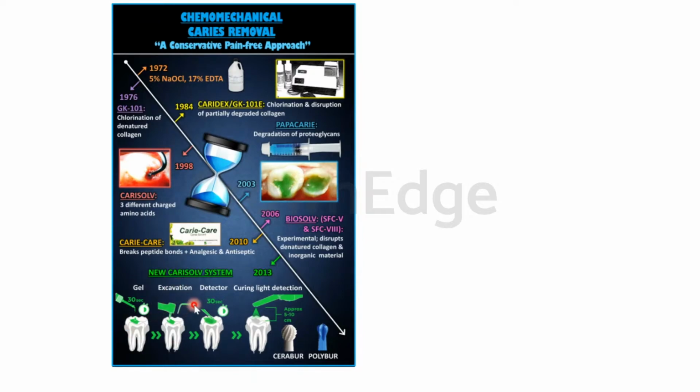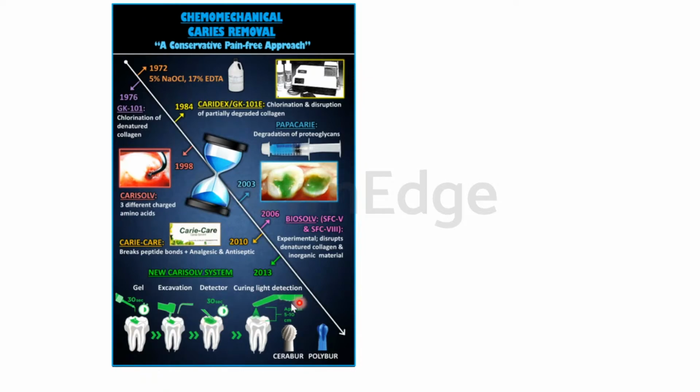For excavation, you could use the hand instruments, or these minimally invasive burs such as CeraBur and PolyBur. It had to be left for 30 seconds within the cavity in case there was any soft tissue remaining.